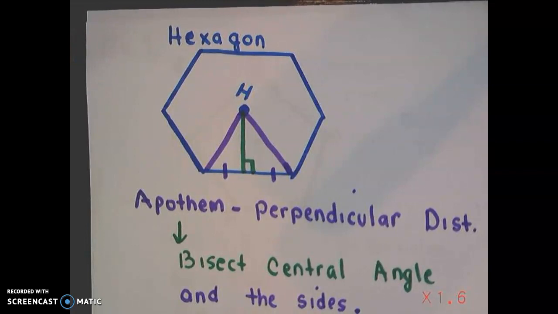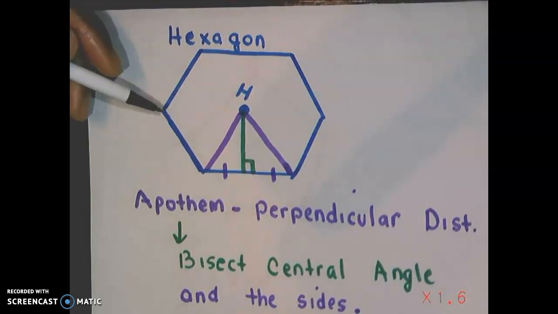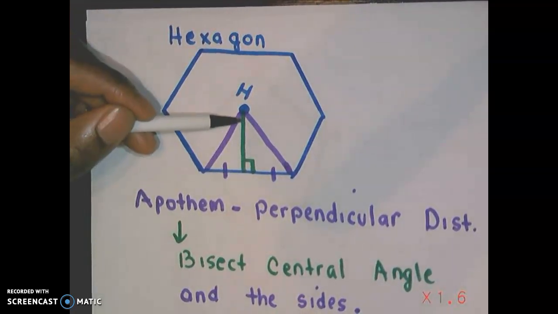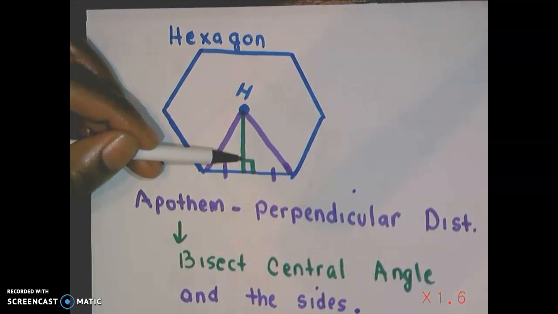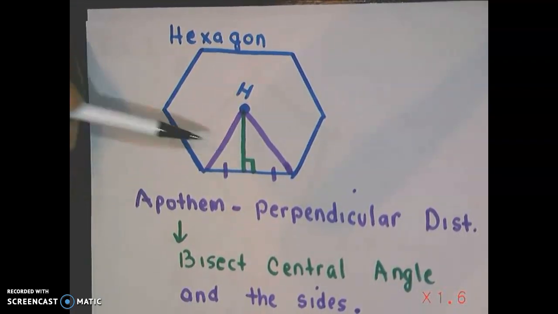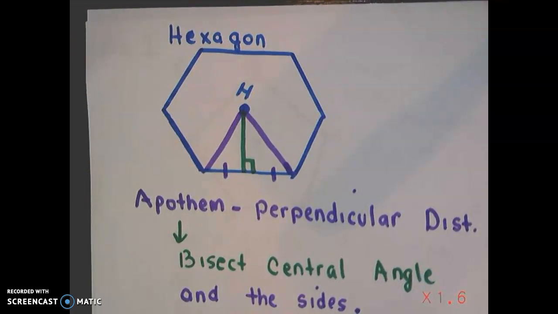The first thing we want to talk about is the apothem. The apothem is your perpendicular distance, and that's this in green. I should have mentioned this before coming to the second page, but make sure you stop the video and write down these definitions.